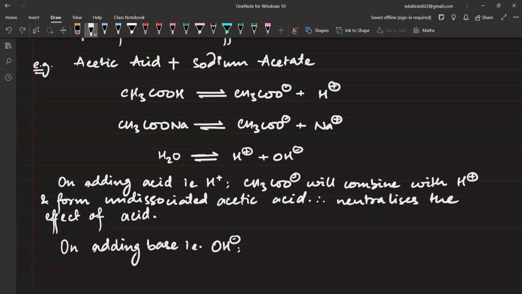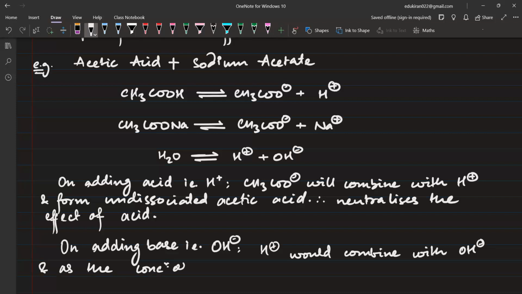So on adding base OH negative, H plus would combine with OH negative, and the concentration of H positive decreases. Whenever we are adding OH negative, H positive will combine, so the concentration of H positive will decrease.